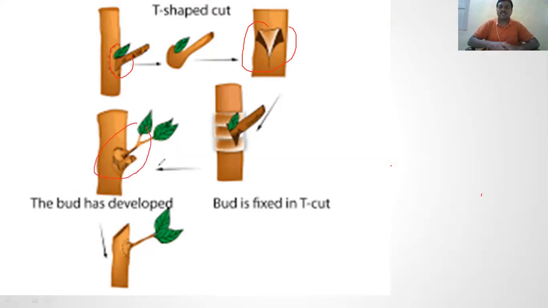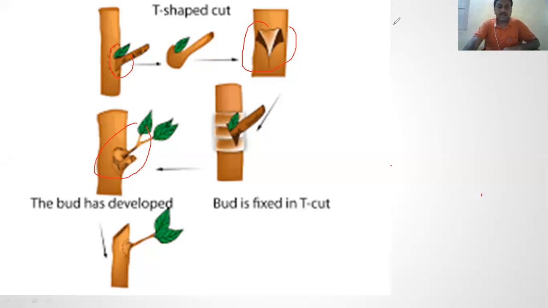The bud is fixed into the T-cut and has developed. Only buds are inserted into the next plant, the next variety of plants. These methods are called budding.